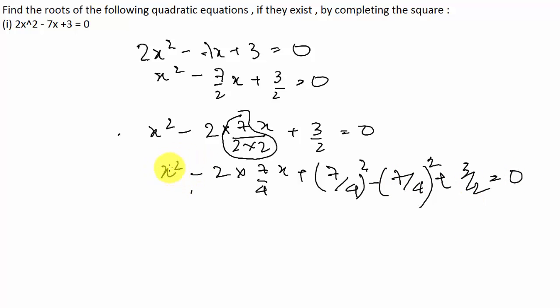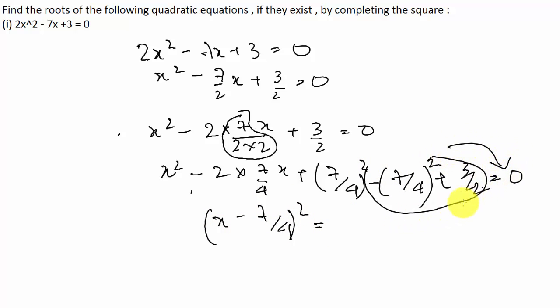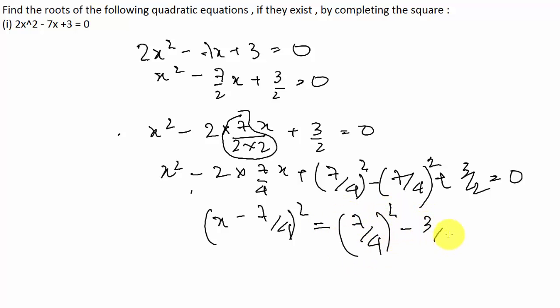Now this is of the form a square minus 2ab plus b square. So we are gonna do this: x minus 7 by 4 whole square is equal to, we're gonna put these two stuffs over here, 7 by 4 whole square minus 3 by 2, which is equal to 49 divided by 16 minus, you're just gonna multiply this with 8, this with 8.